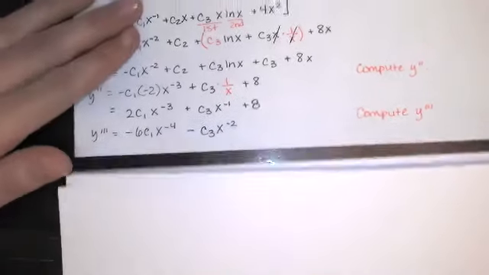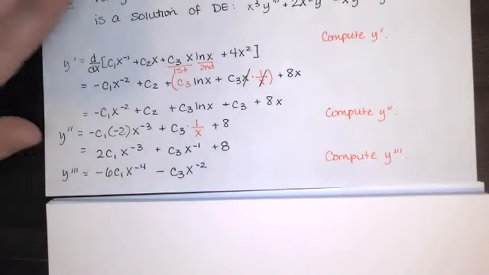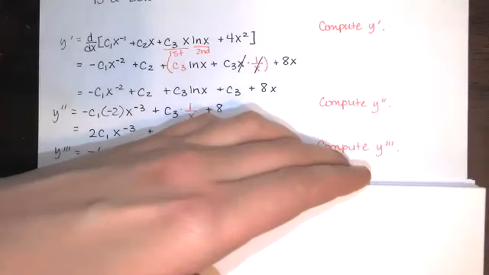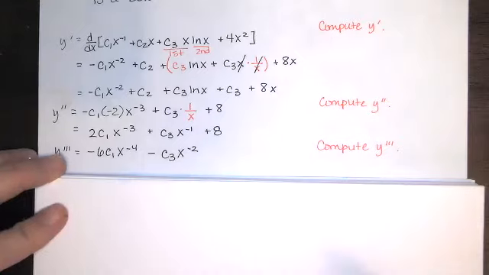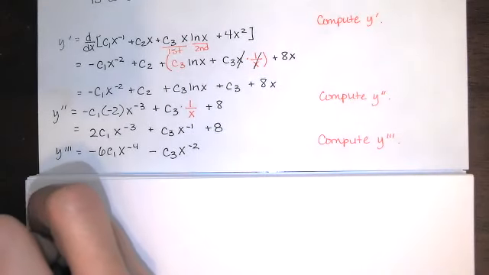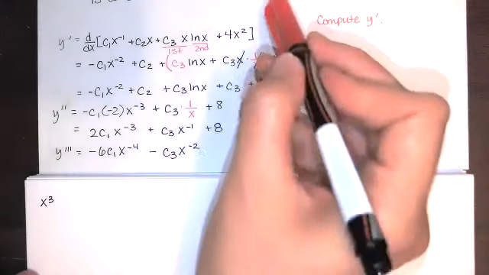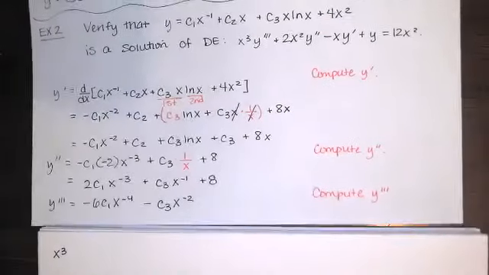So we're going to keep all of that right here. And let's substitute into the left-hand side. So you've got x cubed times y triple prime.